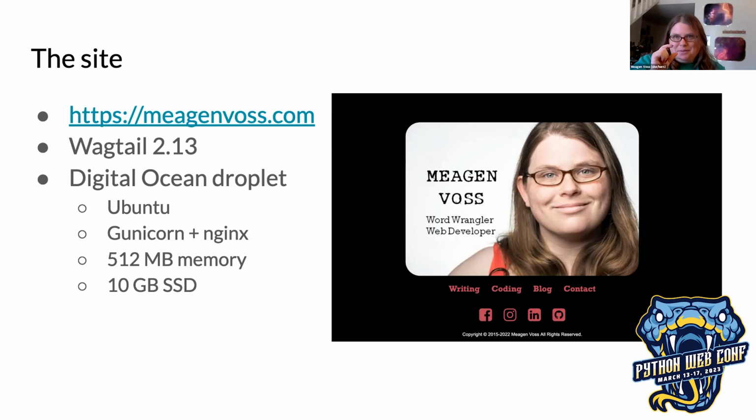And this number will become relevant later on. I was on a very small amount of memory droplet, only 512 megs, and also had 10 gigs of solid state drive on the server there. So these specs are important to remember.